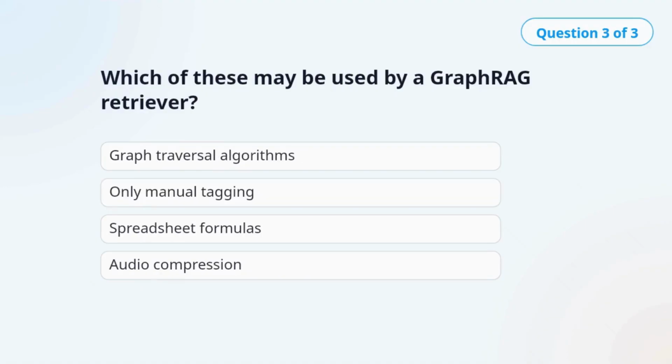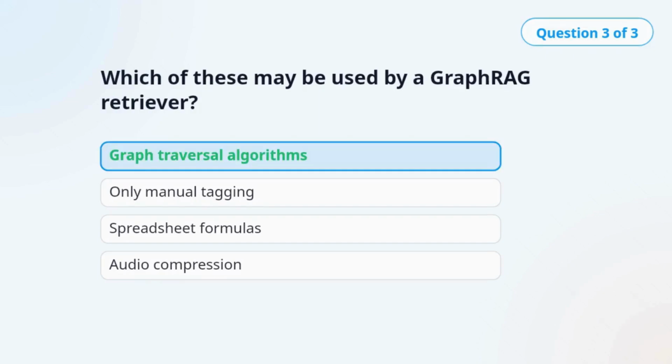Question 3. Which of these may be used by a GraphRAG retriever? The correct answer is graph traversal algorithms. GraphRAG retrievers can use graph traversal methods like BFS and DFS along with other graph-aware techniques.